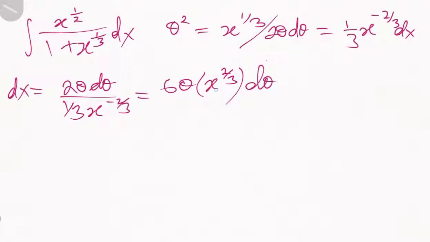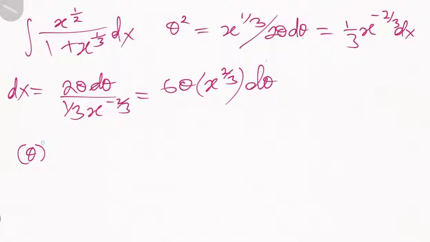Alright, how do we do this? Of course, we want to move this into another variable, theta. So we need to express x to the power of 2 over 3 in terms of theta. From this relationship, what if we square this?